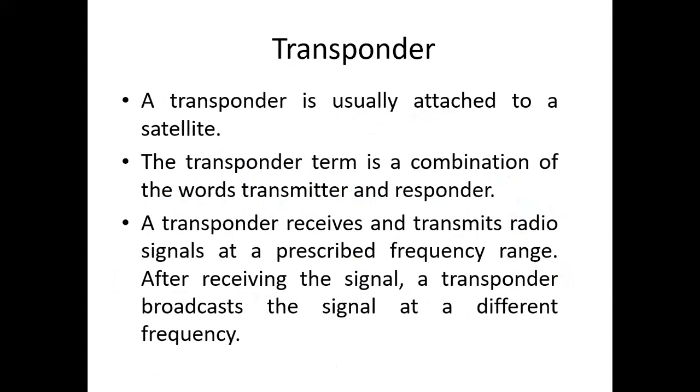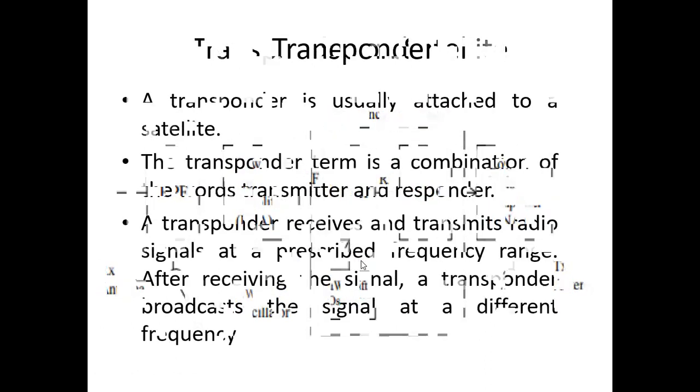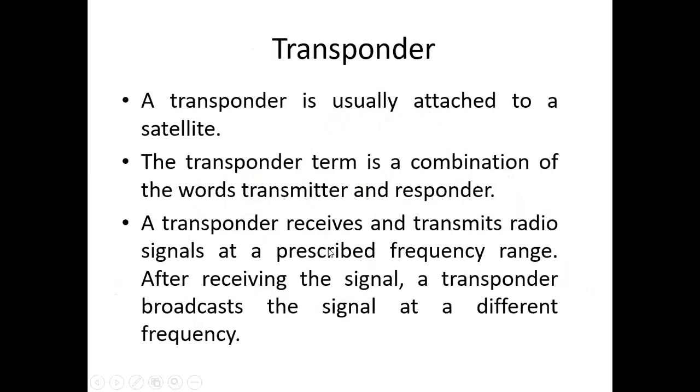So it is attached to a satellite, and it's a combination of the transmitter and, basically, a receiver plus transmitter. Okay, altogether you have. So it receives and then transmits at the suggested frequency.